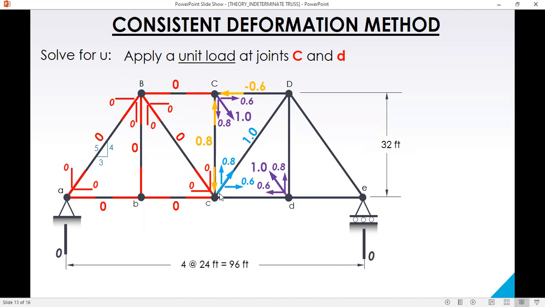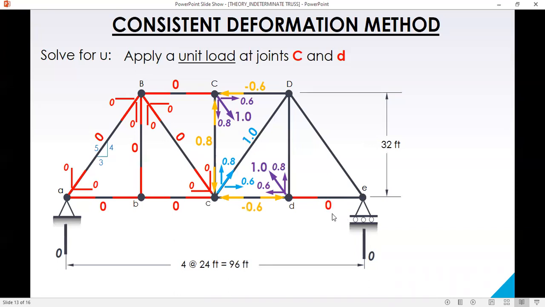So at joint C, if we check the horizontal forces, there's a 0.6 to the right. So balance it with 0.6 to the left. And if we transfer, the horizontal is balanced, 0.6 to the left, 0.6 to the right. Therefore, this member is 0.